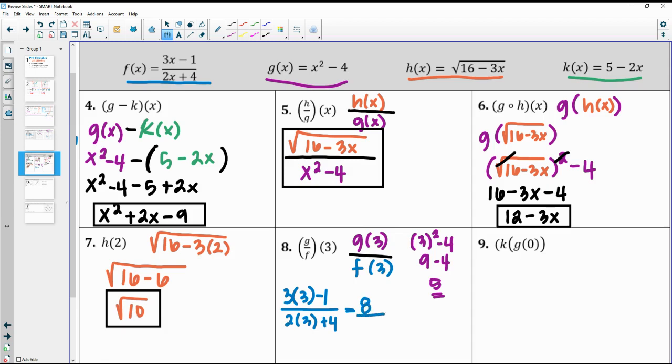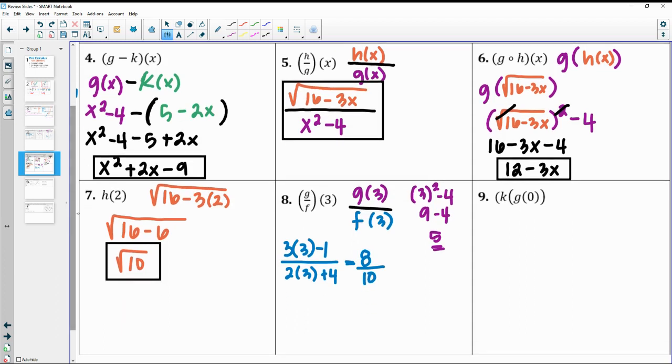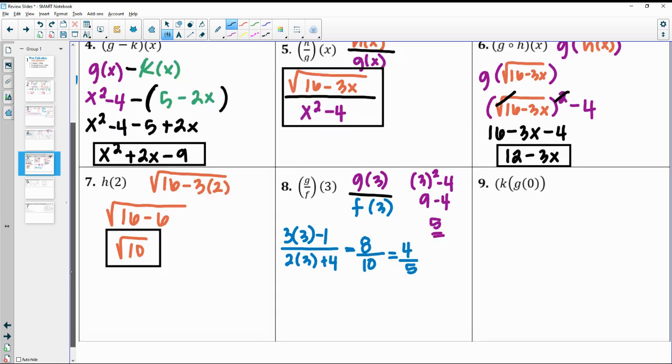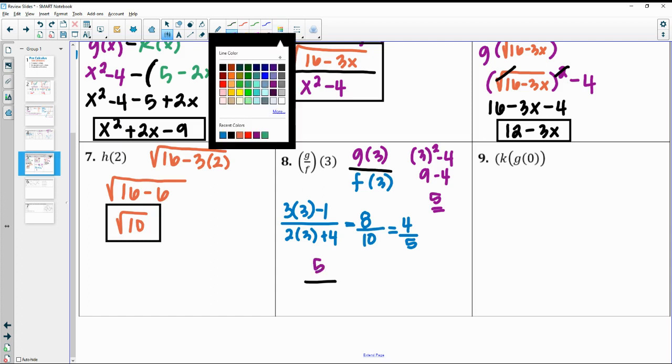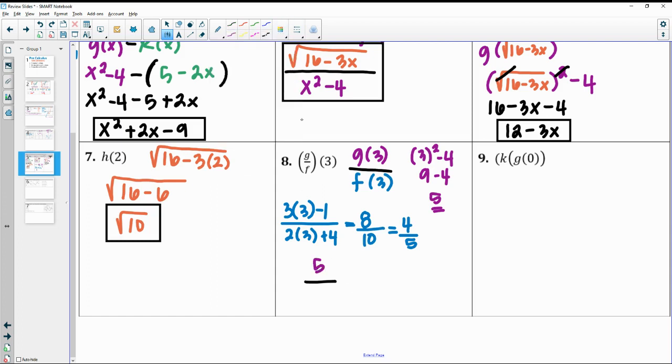And 2 times 3 is 6, plus 4 gives us 10 for the bottom there. So this would then simplify to 4/5. So that's the bottom of our fraction here. So the top, g of 3, was 5. And then the bottom is f of 3, which is 4/5.